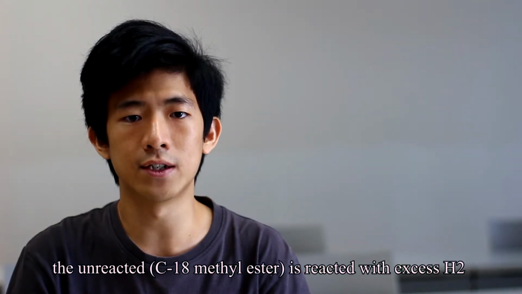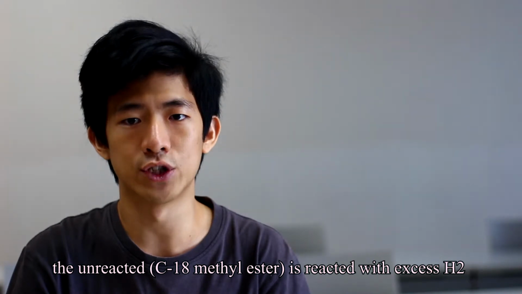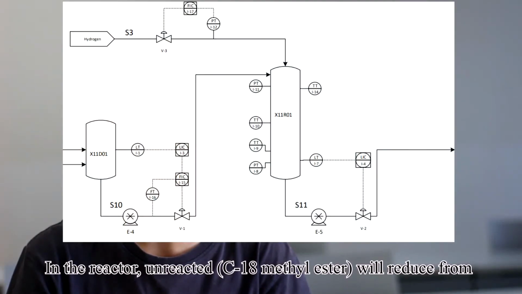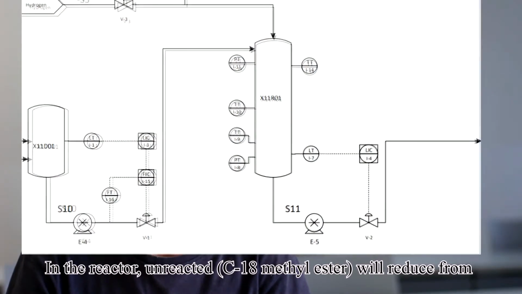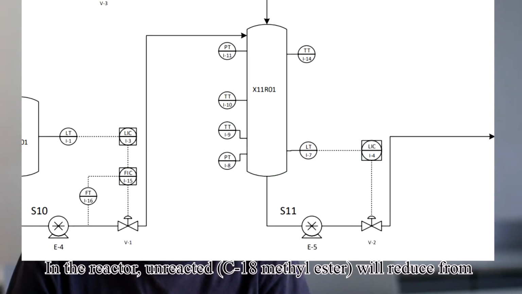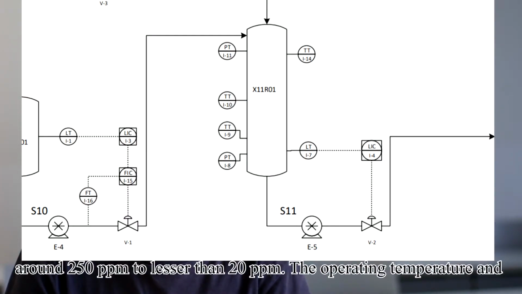The unreacted C18 methyl ester is reacted with excess hydrogen gas. In the reactor, unreacted C18 methyl ester will reduce from 250 ppm to less than 20 ppm.